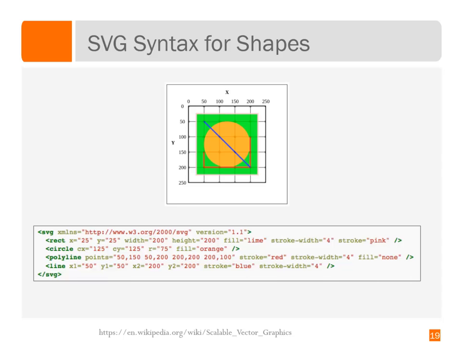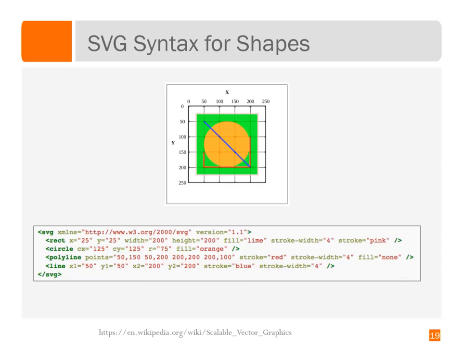The stroke width is 4. So remember, the stroke is the line on the outside of the shape, and you can probably best identify it when I say that that line is pink. So the stroke width is 4, the color's pink, and now you can probably see that we've drawn a pink line around the outside of our lime green rectangle.